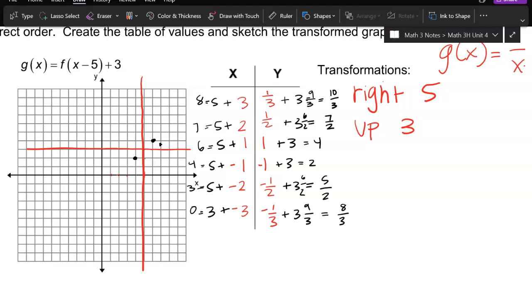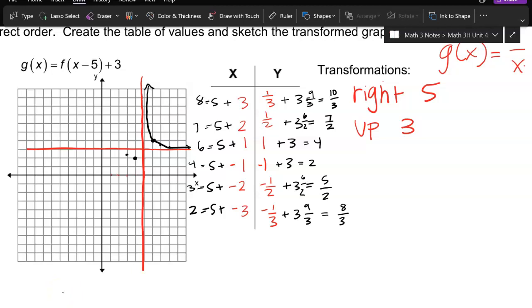So that's 3 1/3. So getting closer to that 3 line. So it's going to go like this. And approach those asymptotes on either side. And then we'll do the same thing here.